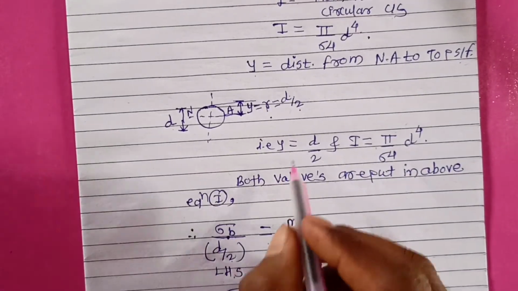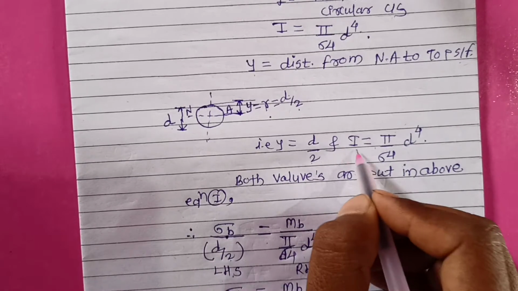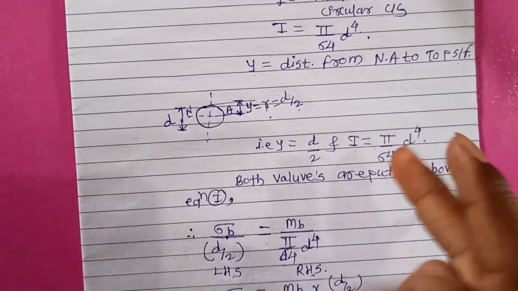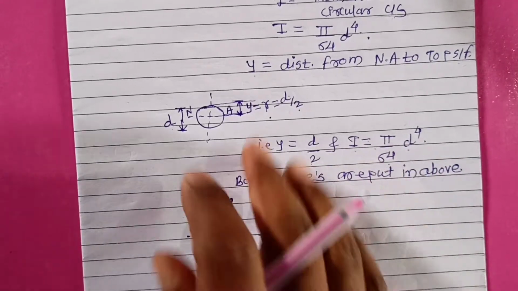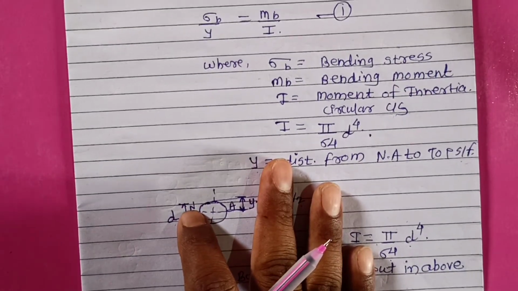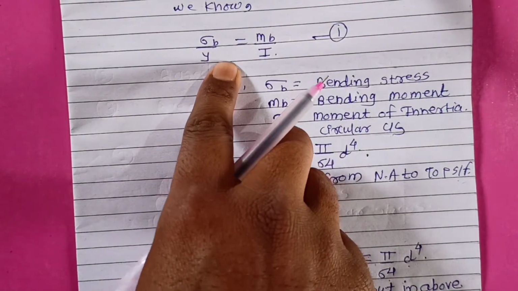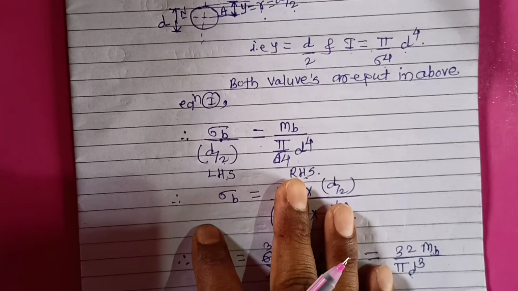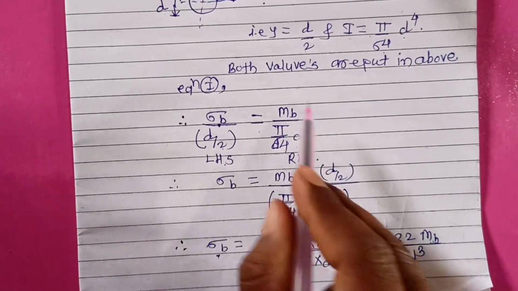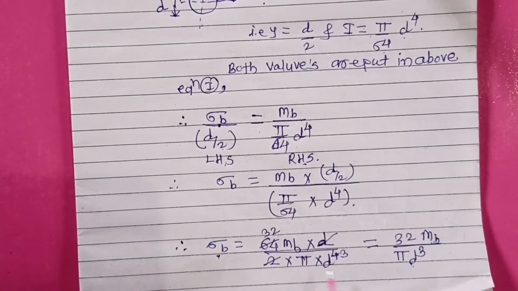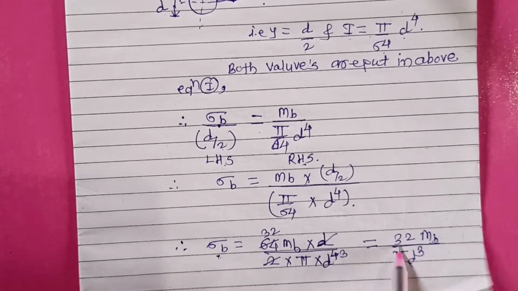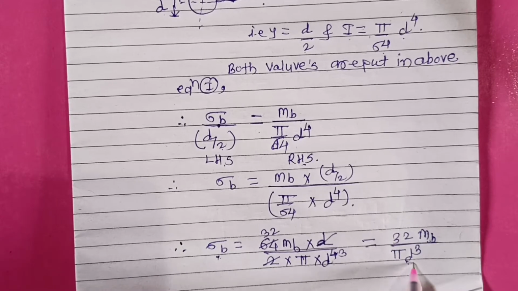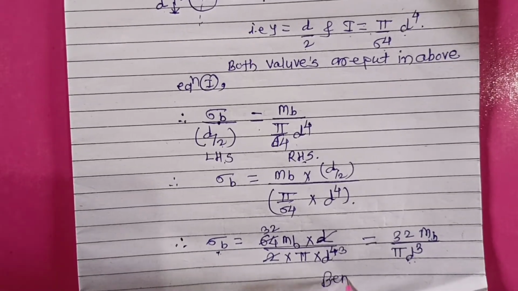Now I know the value of y is equal to d by 2 and I is equal to pi by 64 into d raised to 4, and these both values are put in equation first. Then rearranging all terms here, I got the answer: sigma b is equal to 32 mb divided by pi d cube, and this is the formula for bending stress.